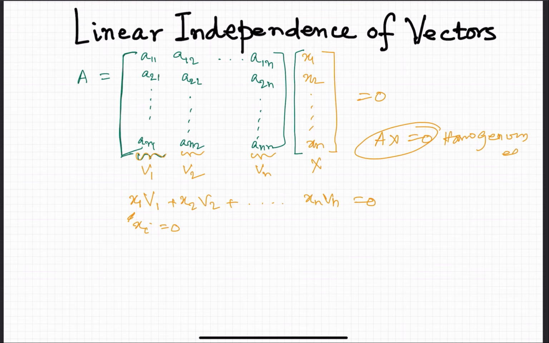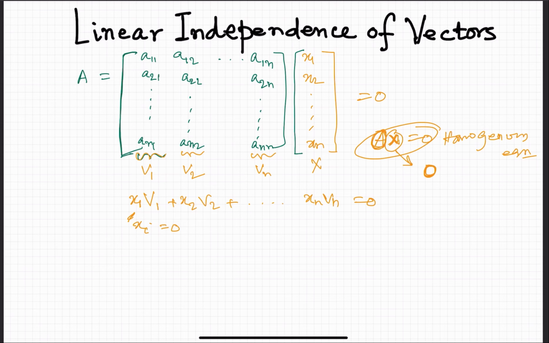For a homogeneous equation, only if the vector x is a 0 vector can we say that the column vectors of matrix A are linearly independent of each other.